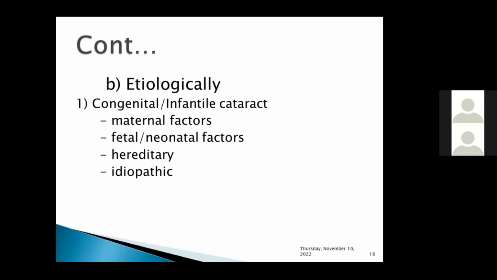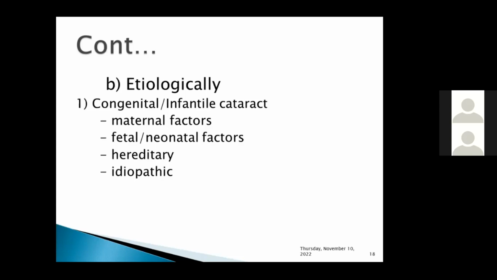Don't be surprised if you see a newborn, neonate, infant or teenager with cataract. Everybody can have cataract; what differs is the cause. For congenital or infantile cataract, the commonest cause is idiopathic. We don't know what causes it, followed by hereditary causes.